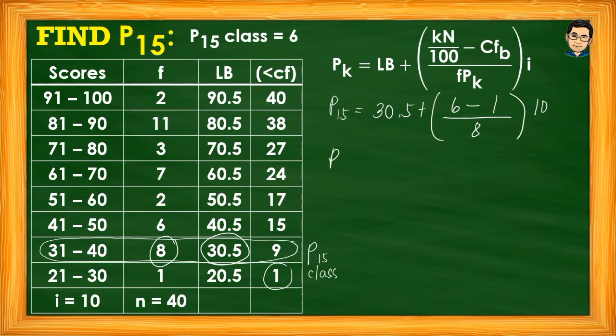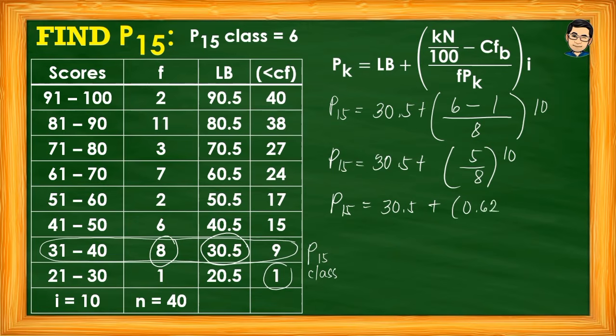Now, magsisimplify na lang tayo niyan. So, 6 minus 1, that is 5 over 8 times 10. So, dito naman ang gagamitin natin. So, divide muna natin yung 5 sa 8, tsaka natin i-multiply sa 10. So, 5 divided by 8 is 0.625 times 10.